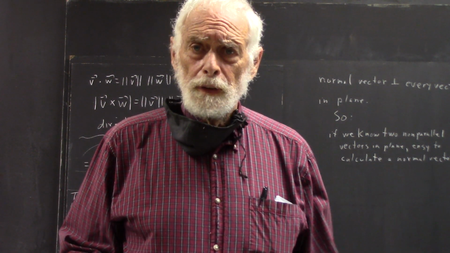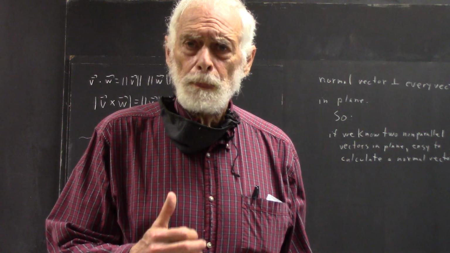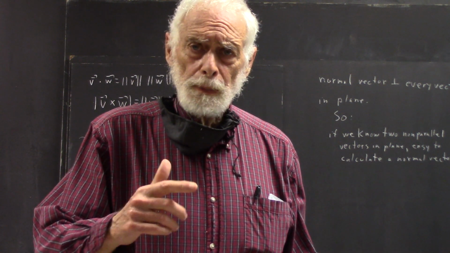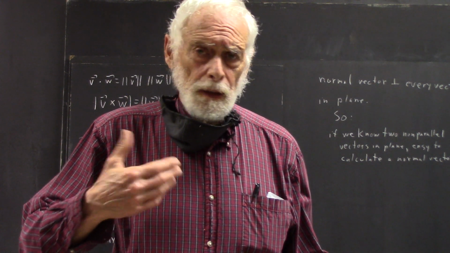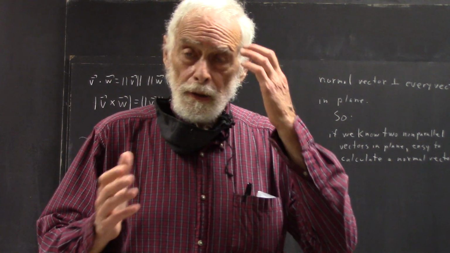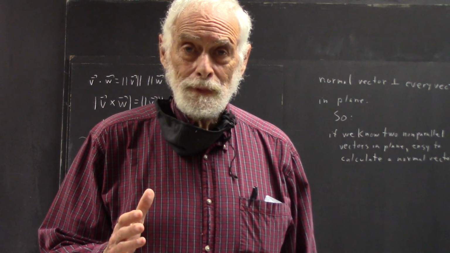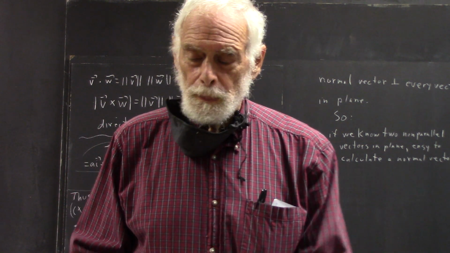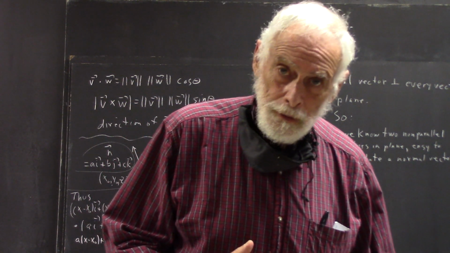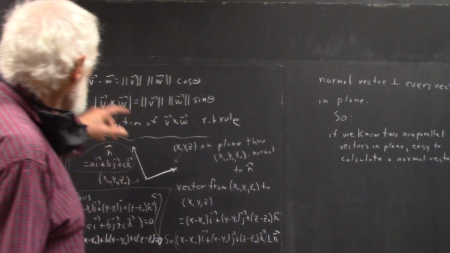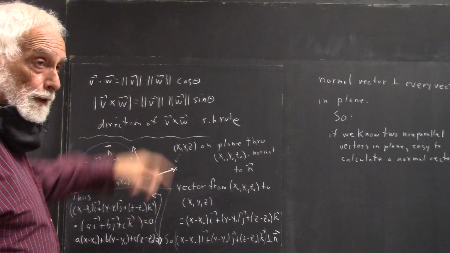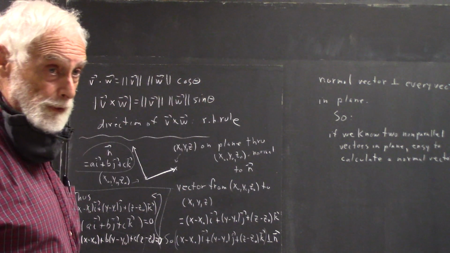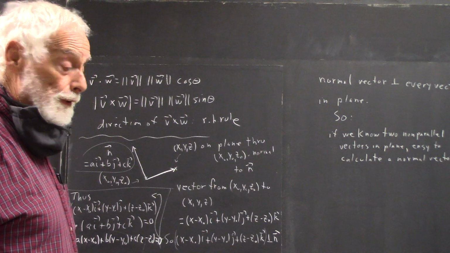There are many equivalent statements, but the normal vector is perpendicular to every line in the plane. Now, I prefer that it's perpendicular to every vector in the direction of a line in the plane, because then you're talking about being perpendicular to a vector, and there's a very simple criterion for that: the dot product would be 0, because the angle is 90 degrees, and the cosine of 90 degrees is 0.